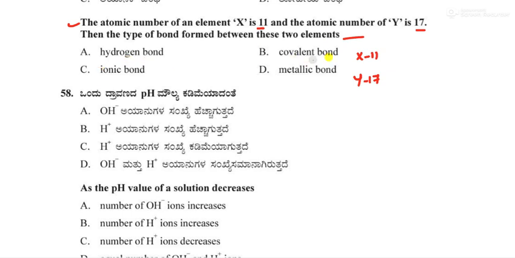So hydrogen bond, covalent bond, ionic bond or metallic bond. You should know the difference between all these. Based on valency, if you write the electronic configuration, for X you will get 1s2, 2s2, 2p6, 3s1. And for Y you will get 1s2, 2s2, 2p6, 3s, how much do you need? 17, right?